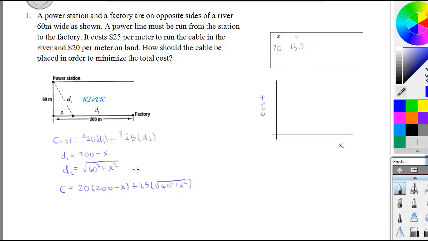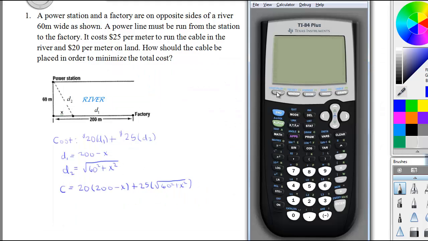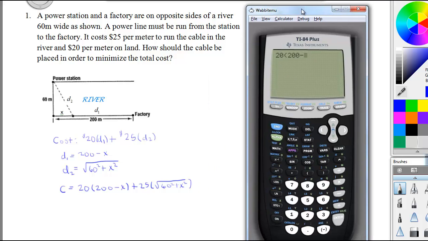So let's bring this up, and we'll have y equals $20 times distance 1, which is 200 minus x, 200 minus x, since x we guessed is 70, plus 25 times the square root of 60 squared plus 70 squared. $4,905.